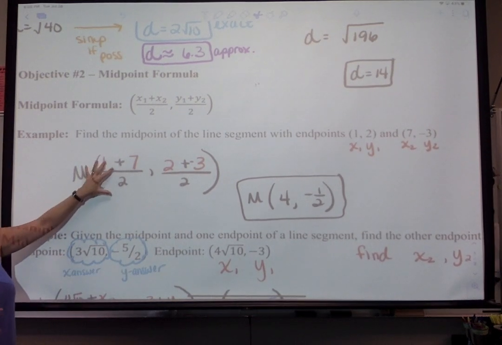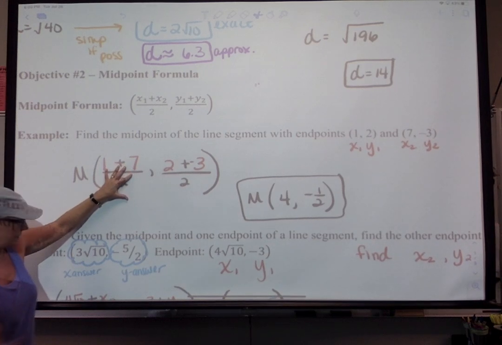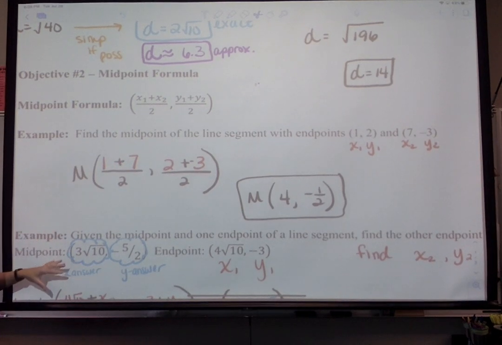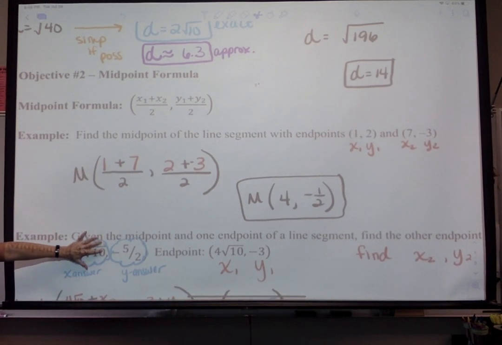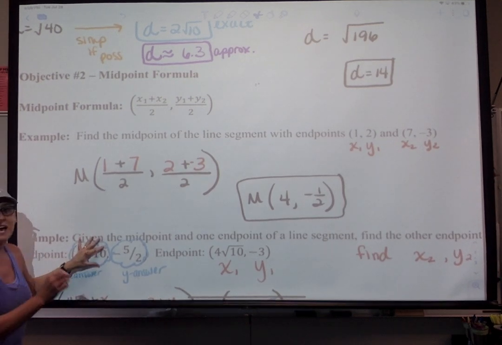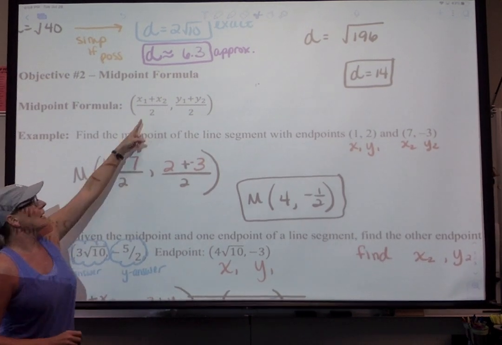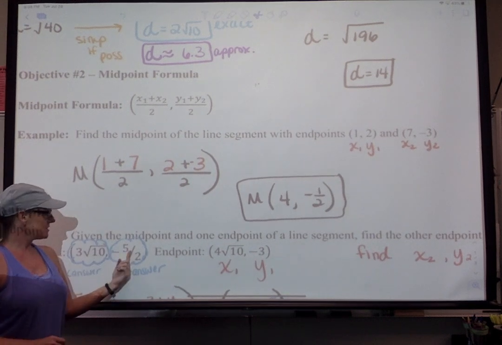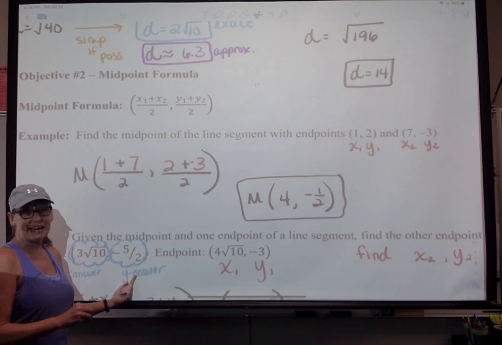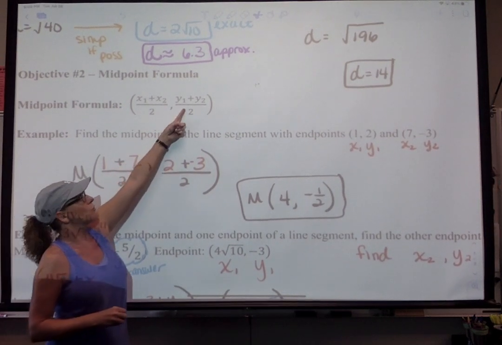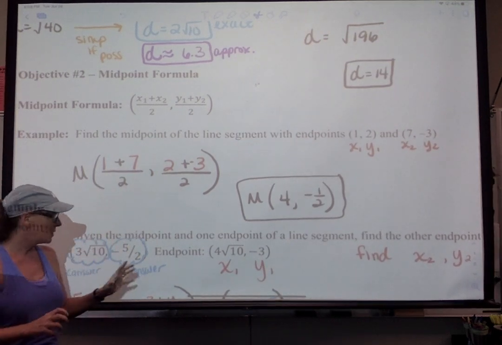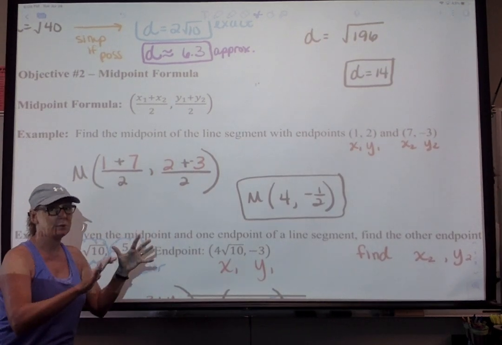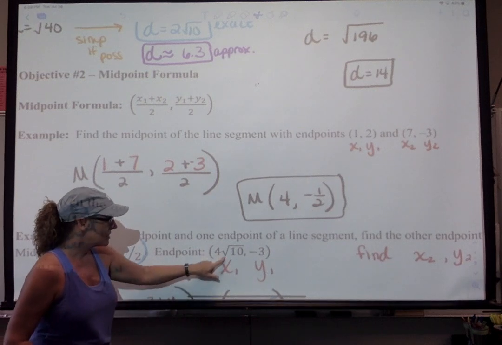So if I did the midpoint formula, this number right here is like the x answer that I get when I do that formula. This number right here is like my y answer that I get when I do that formula. Okay, so here's what I'm going to do. I'm going to do the formula using this x1.